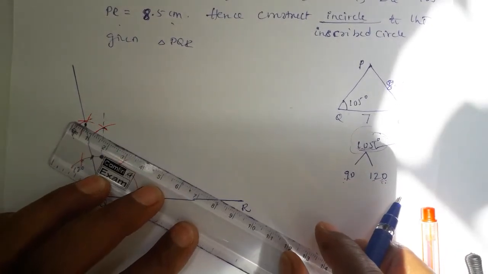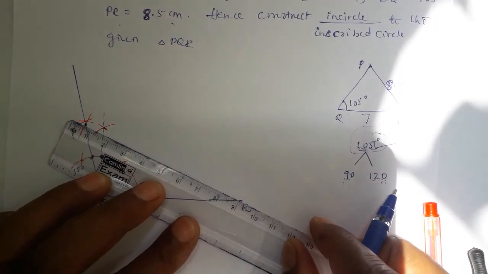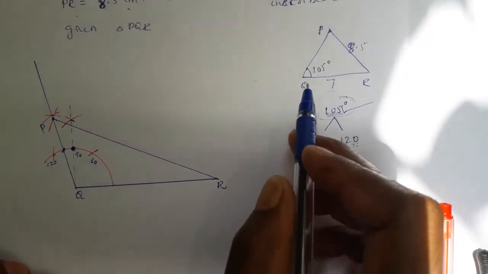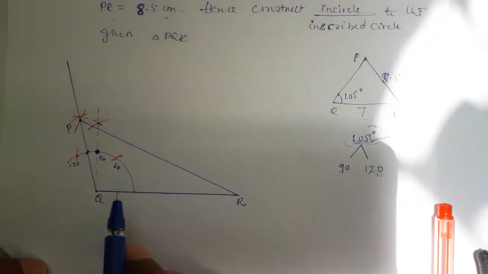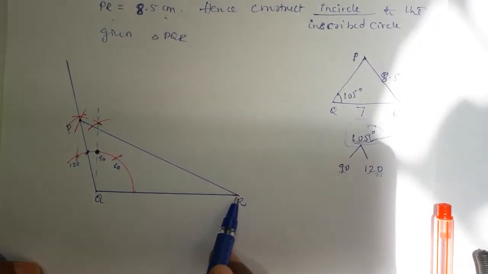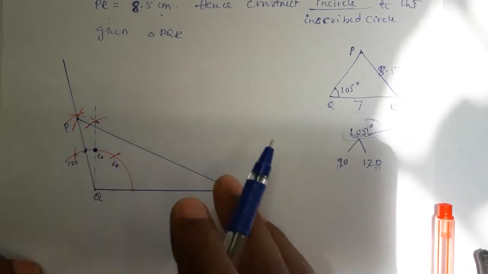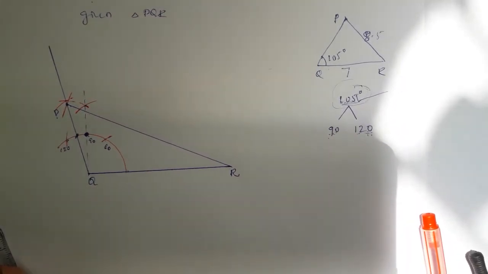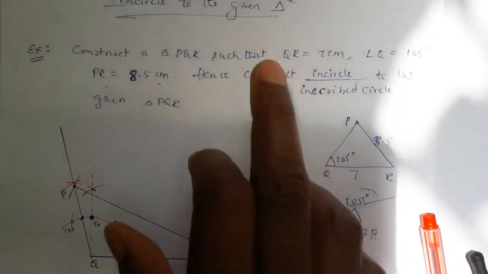Now join that P point and R vertex. So we will get the triangle. See, 7 centimeter is finished, 105 degree finished. R to P is 8.5 using compass. Triangle construction is over.